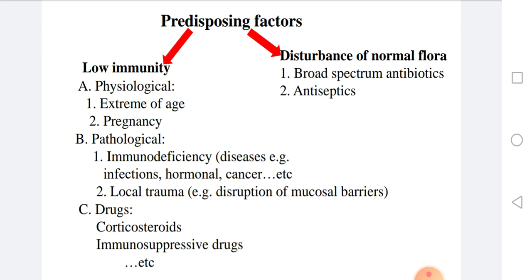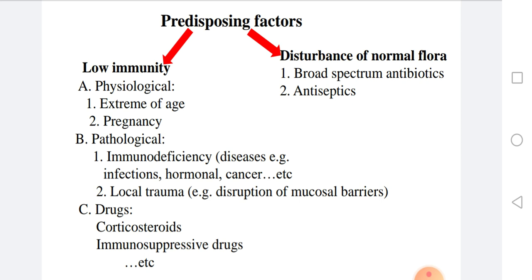The antibiotics and the antiseptics kill the sensitive flora, that is, say, the bacteria, and leave an empty space, which can be filled by overgrowth of Candida albicans.